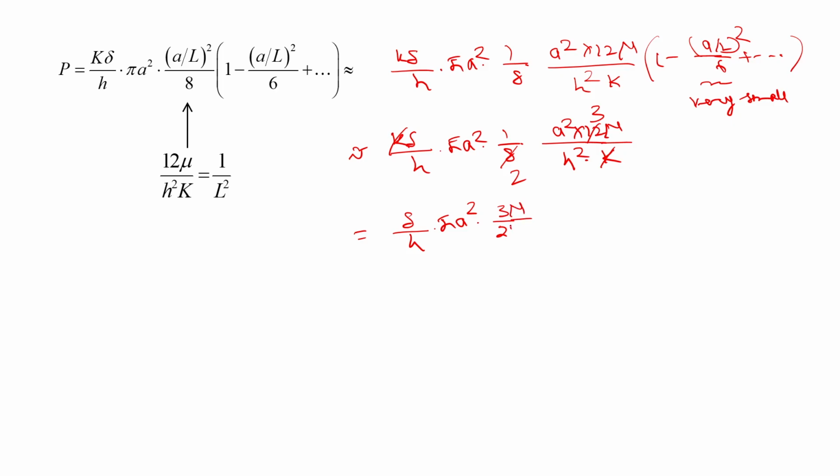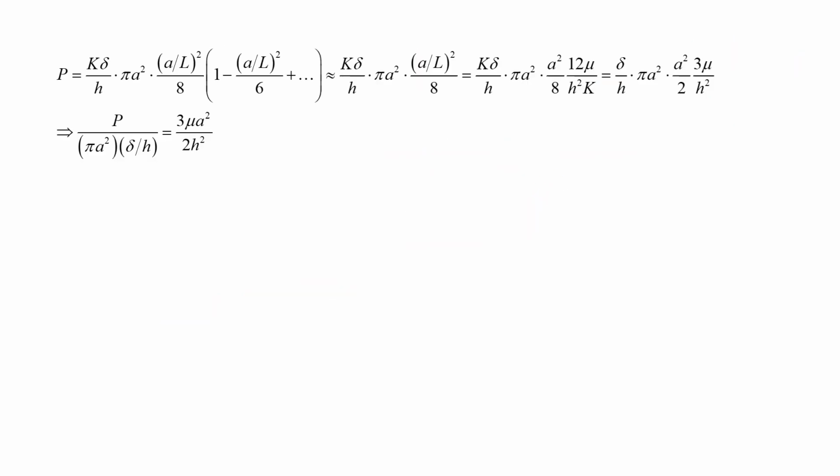So the critical pressure P by pi a square, the average pressure, will be given by delta by h into 3 by 2 into mu by h square. There is a square also here, I have missed it, so it's a square also here. So this quantity can also be written like this.